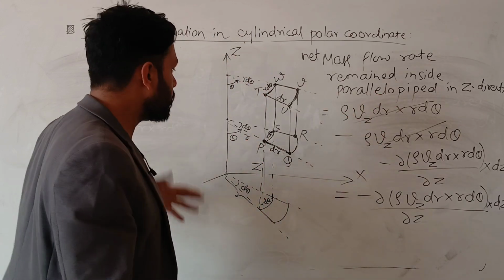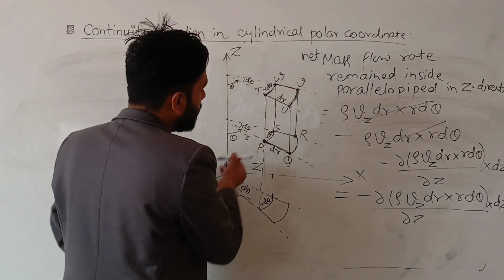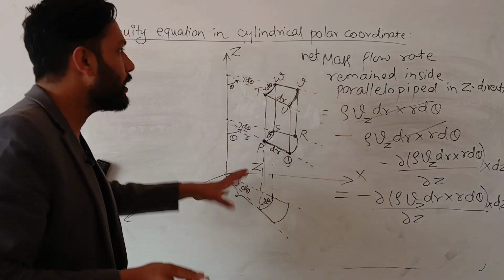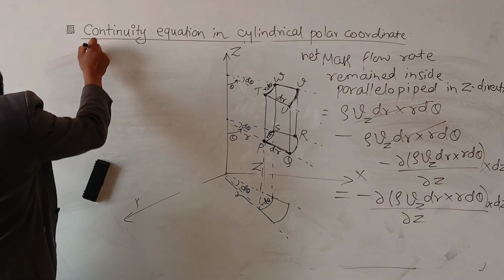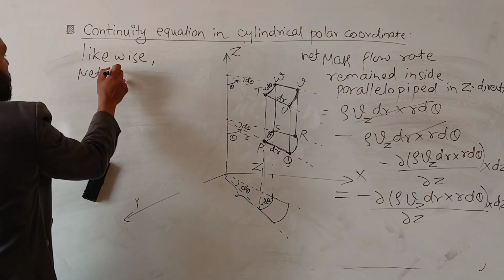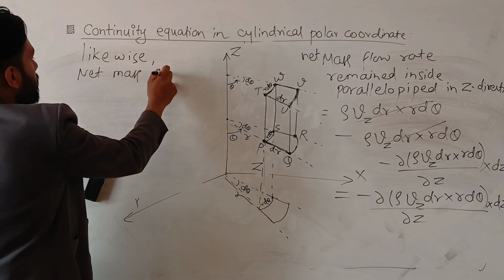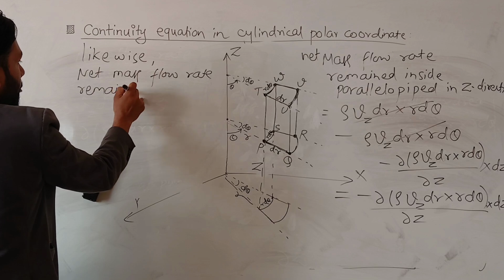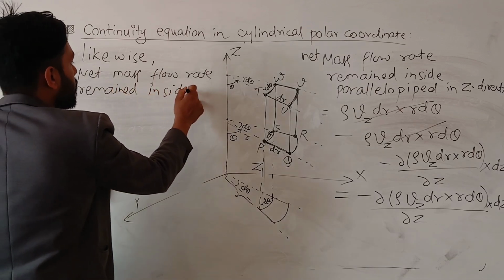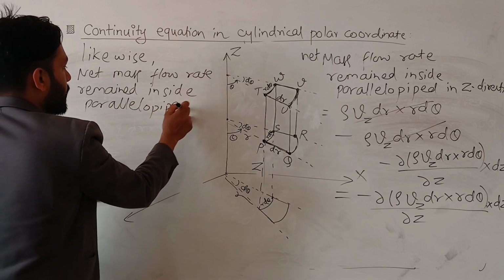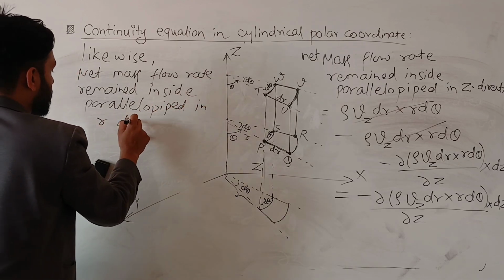So let's go to find out the net mass flow rate remained in this radial direction r and angular direction theta, okay? So for that you can write directly, likewise, net mass flow rate remained inside the parallelepiped in r direction, okay?